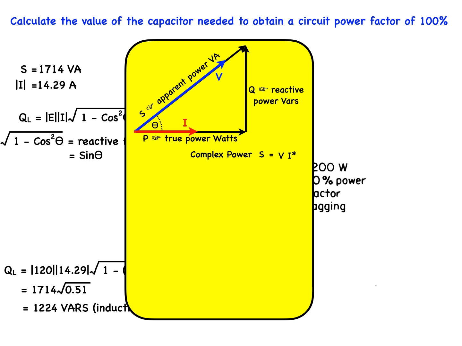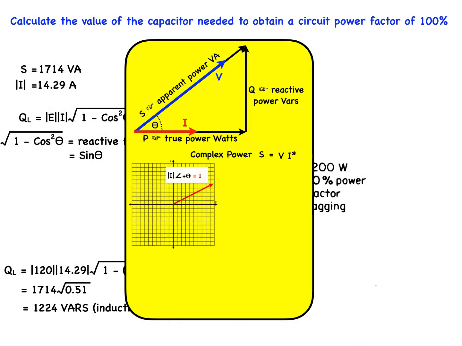And just to quickly review what a vector conjugate is, if the vector I, for example, shown here, is described by the magnitude I at plus theta degrees, its conjugate is the mirror image reflected across the x-axis, described by the magnitude I at minus theta degrees.